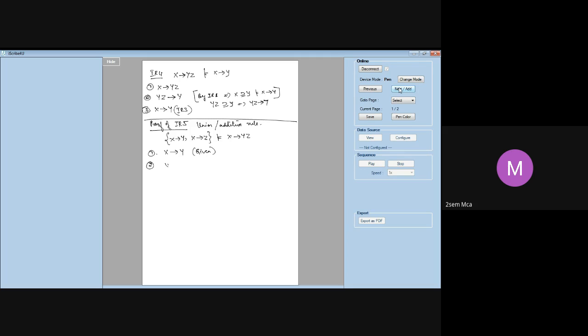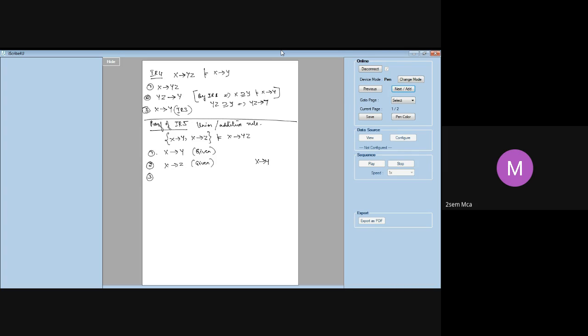Second step. X determines z. This is also given to us. Any guess what we can take on for third step? What is IR2? Can we apply IR2? IR2 is the augmentation rule.